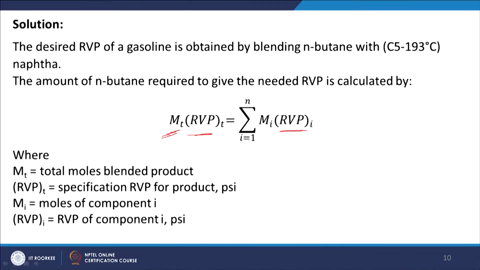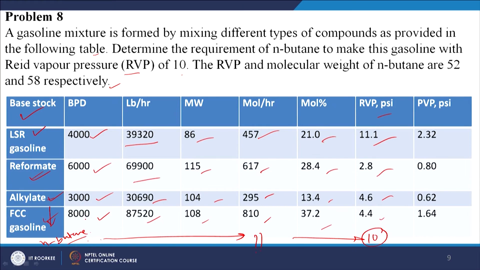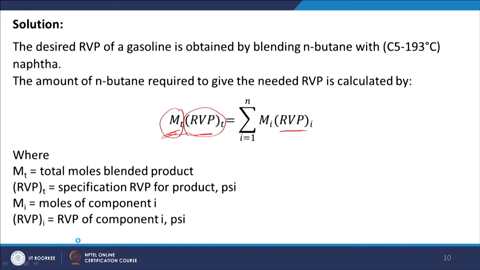If we sum up the moles and RVP of those components, that will be equal to the total moles of the blended product into RVP of the blended product. So, this is the formula we will be using. We have in this case 4 components and we will be adding this one, so now we will be having 5 components.